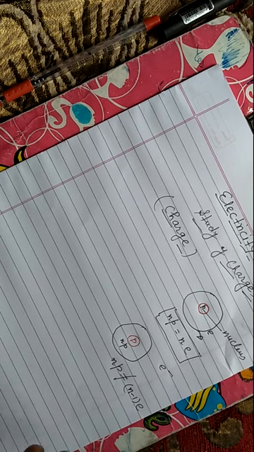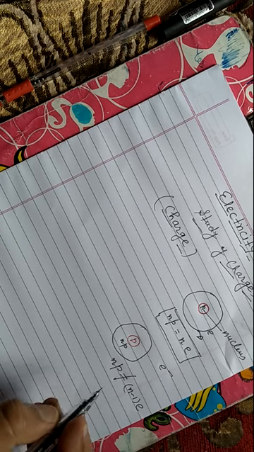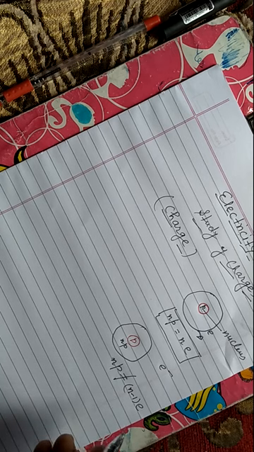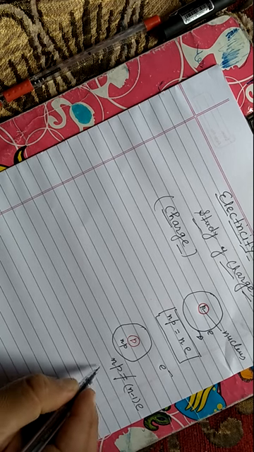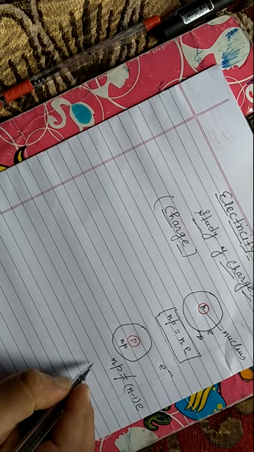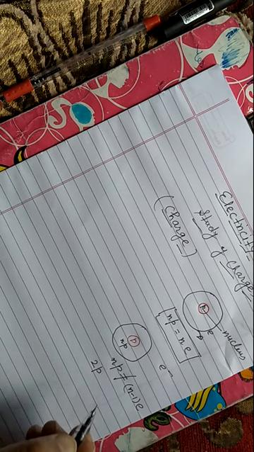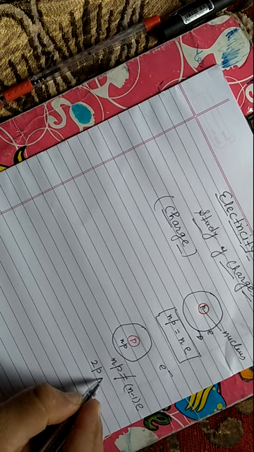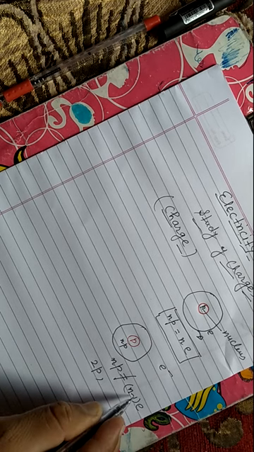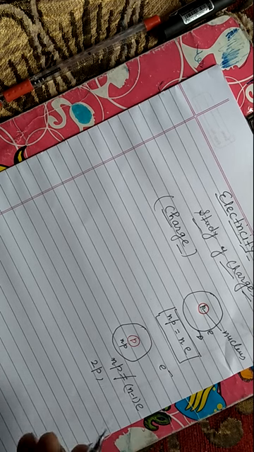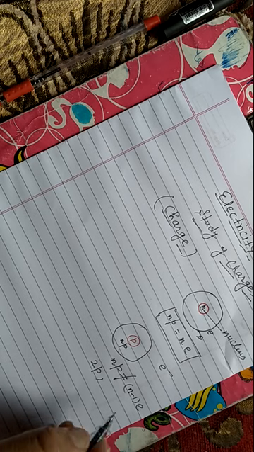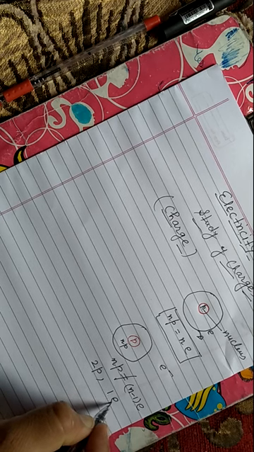Now let us take a practical situation. We have 2 protons inside, and we have removed one electron outside. Previously it was 2 electrons, but now 1 electron has been removed, so the electrons would be 1e.